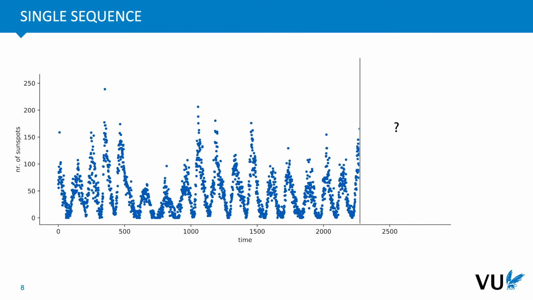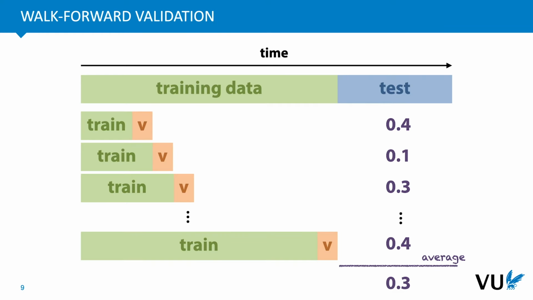Now, one thing that is especially important when we're dealing with sequential data is to carefully split your data into a training set and a test set, and into a validation set and a test set. The reason is that if we shuffle things along the time dimension, we might end up testing on things that happened before the things we've trained on.